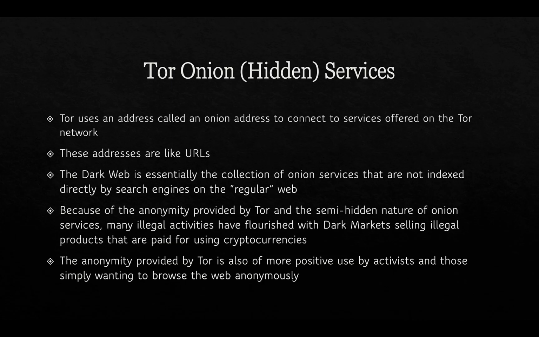The difference is that you can't go to Google and say, give me the address of this dark web site. Well, Google may actually know what the onion service is, but whether that's up to date or not is another matter. So there are other directory servers that operate on the dark web.